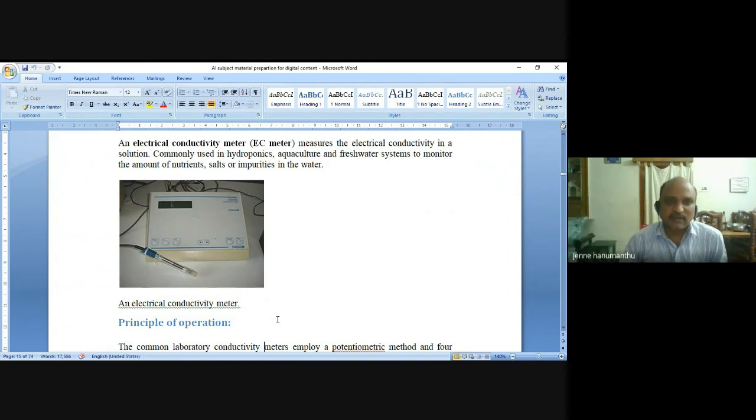Suppose for any solution, we cannot expect that all three processes occur for all solutions. It depends upon the composition of the material, the composition of the solution. Maybe two of the processes go on, not all three. At least one process, or at least two processes, are going on, right?